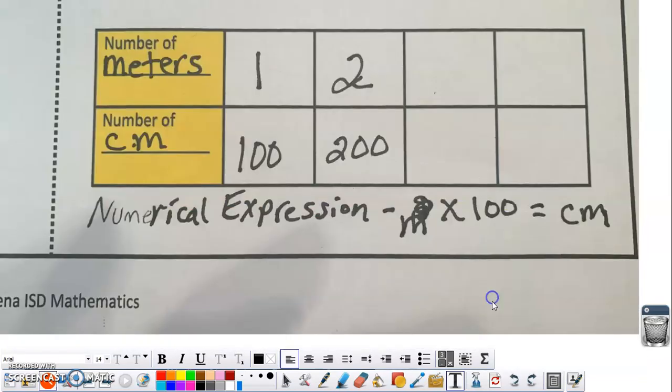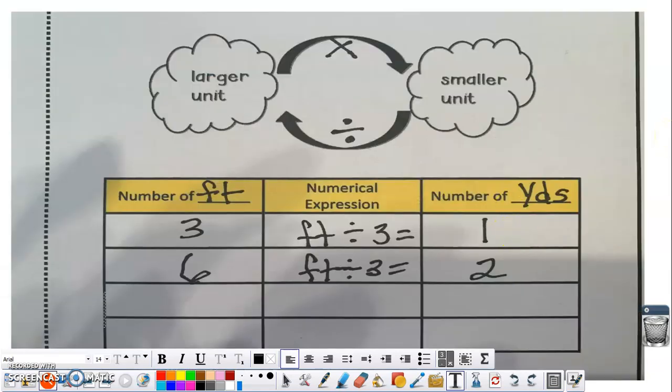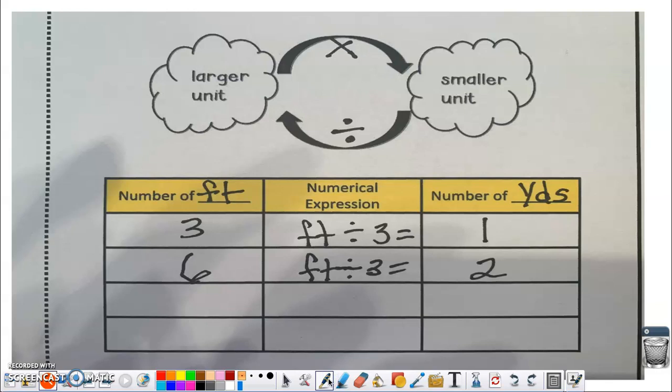Then if we go to 3 yards, 3 times 3 would be 9 feet.